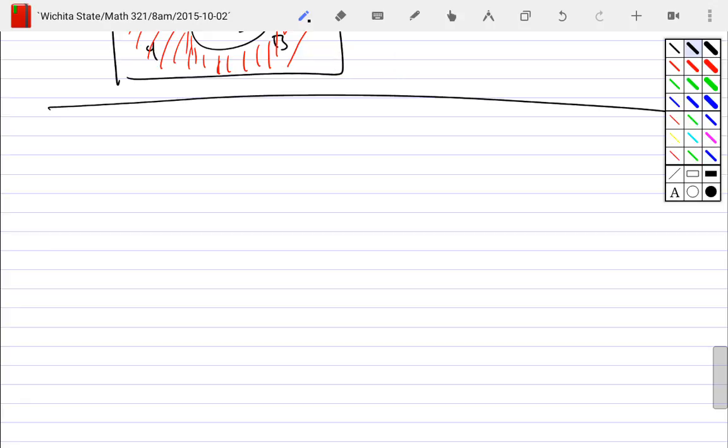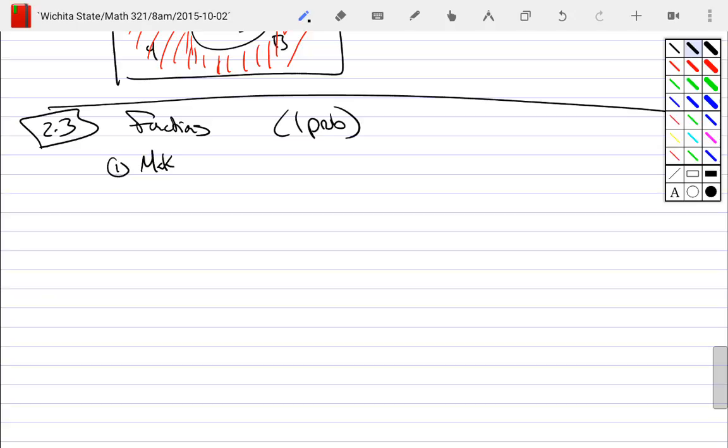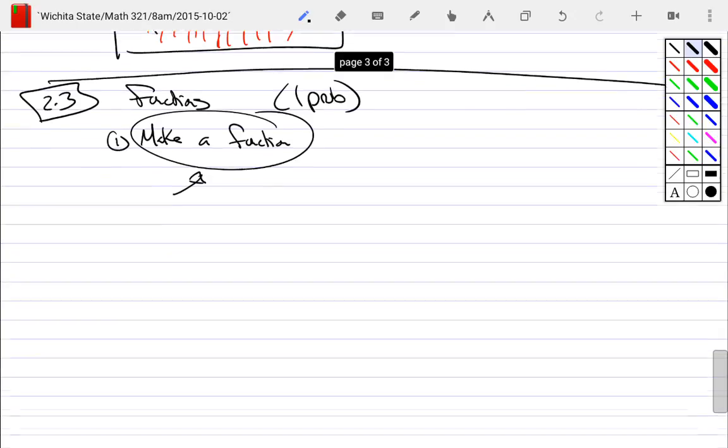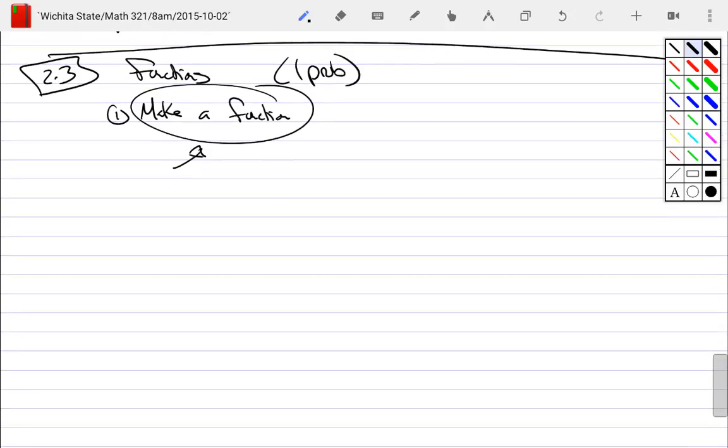All right, 2.3, functions. There's only one problem, and this will be simply: make a function. What does that mean? How many ways could you possibly give me a function? What did I talk about for functions? It's a relationship of some sort, right?